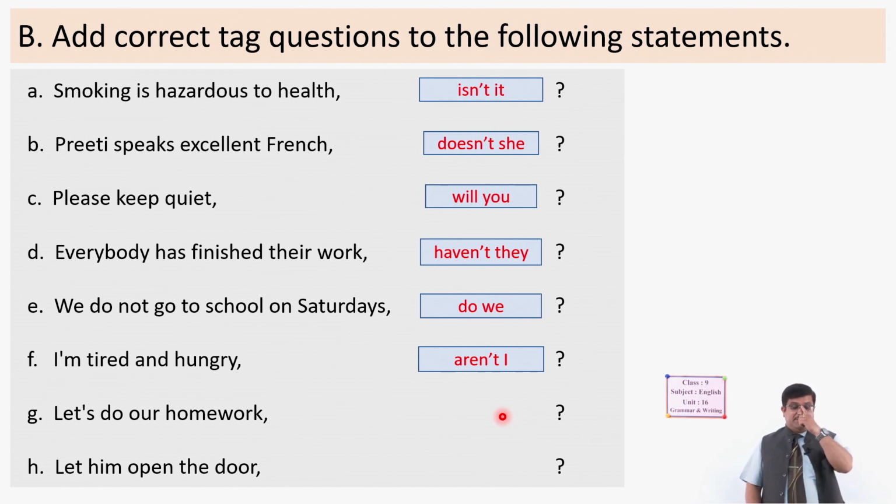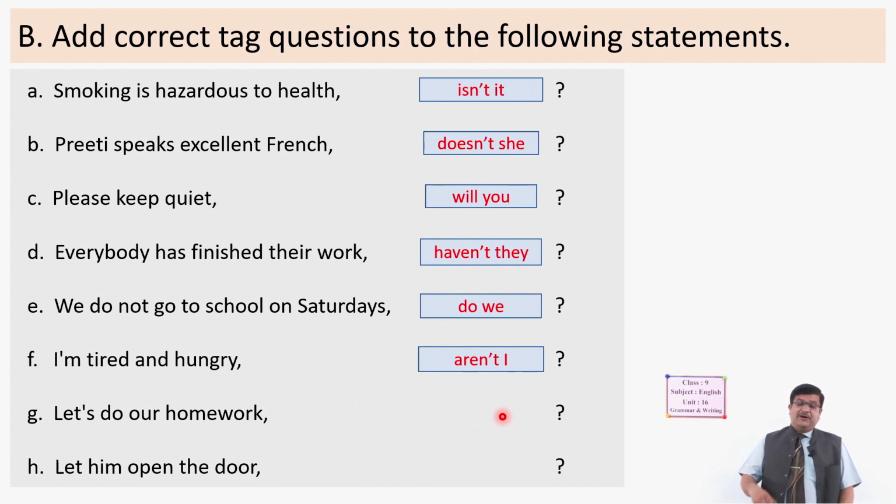Why is there aren't I? When there is an auxiliary verb am used in the sentence in the affirmative form, it changes into are. Am changes into are.